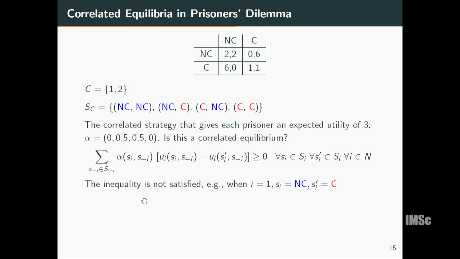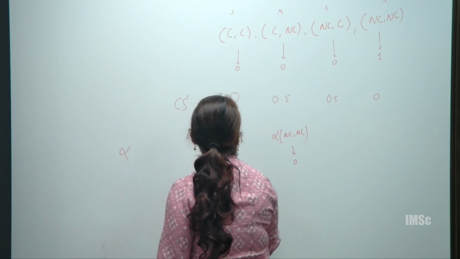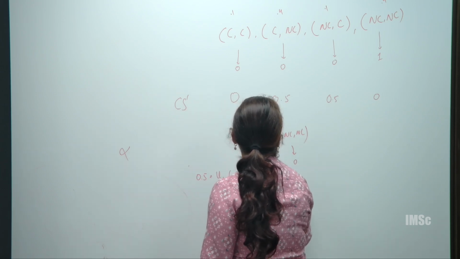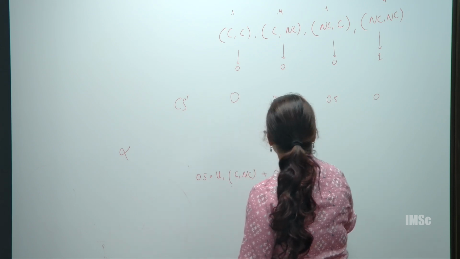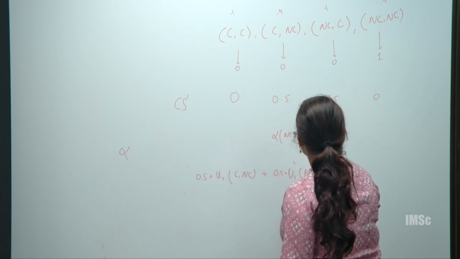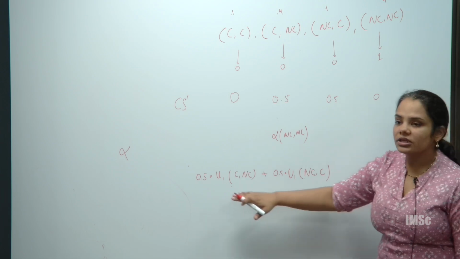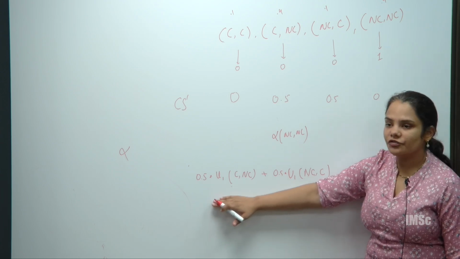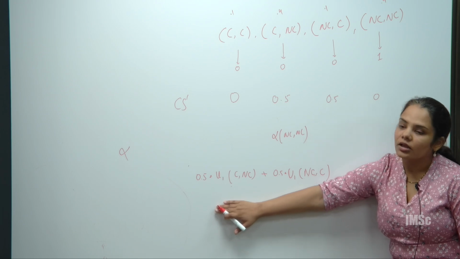So the left hand side will be 0.5 times utility of player 1 at (C, NC) plus 0.5 times utility of player 1 at (C, C), and NC comma C I will subtract later. This is the expected utility of player 1 by implementing the contract CS prime.